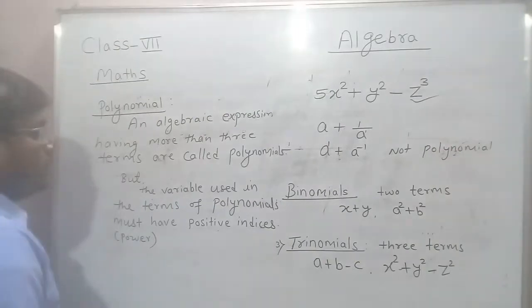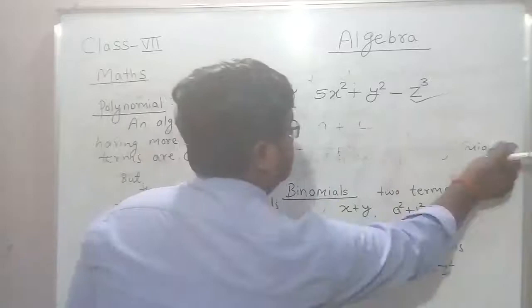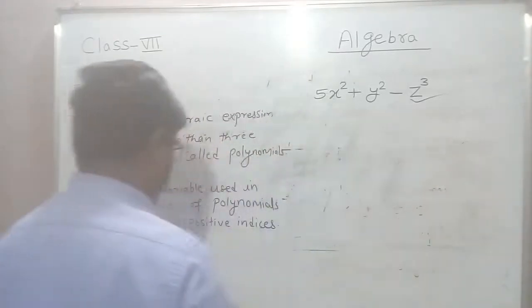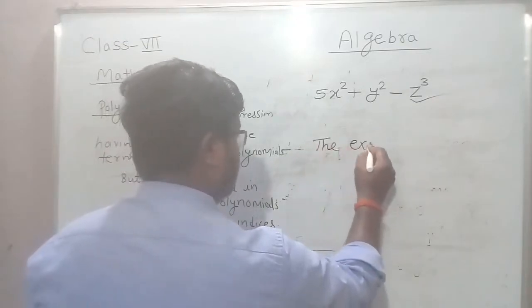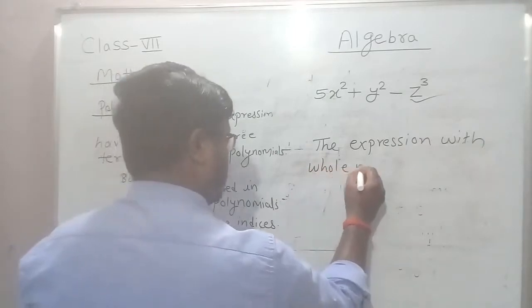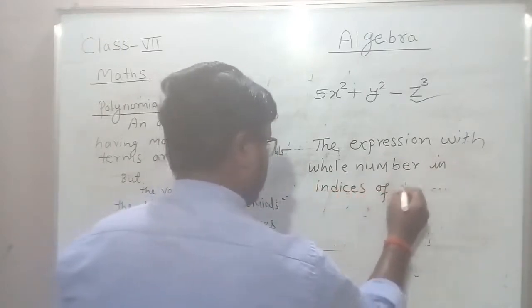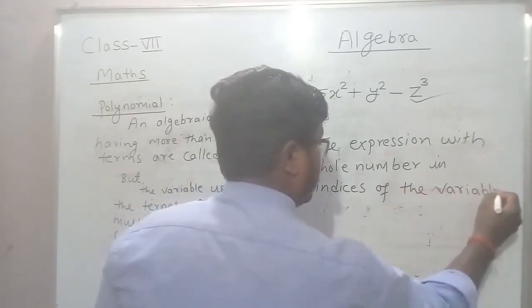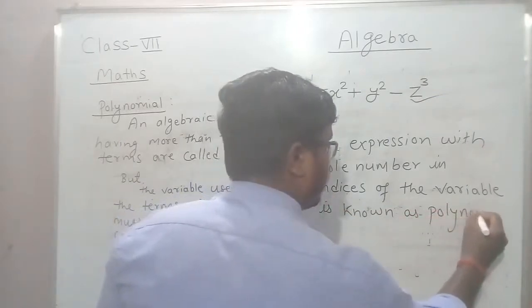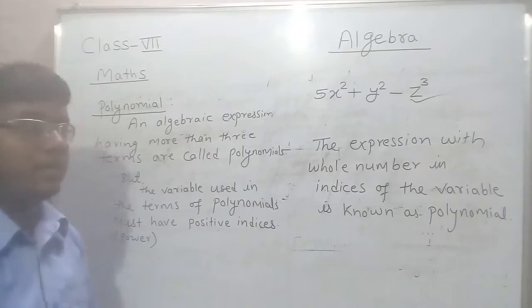So a polynomial can also be defined simply as: an expression with whole number indices of the variable is known as a polynomial.